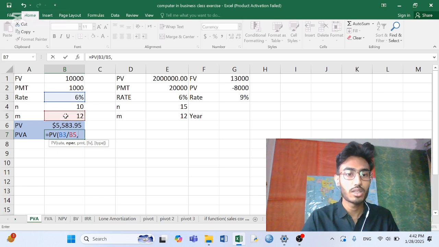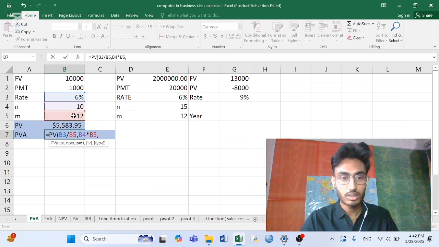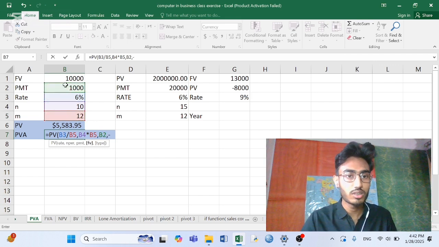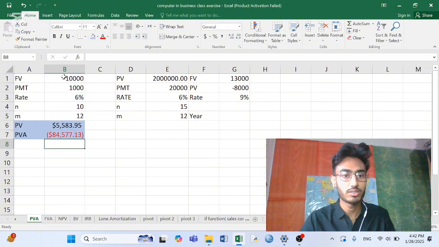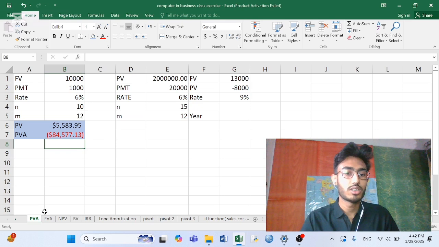Then the year, it's 10 years multiplied by 12 months. Then the payment is 1000 per month. The future value is in minus figure. That's all. Enter. The value came out. That's the overall calculation of present value and present value of annuity.